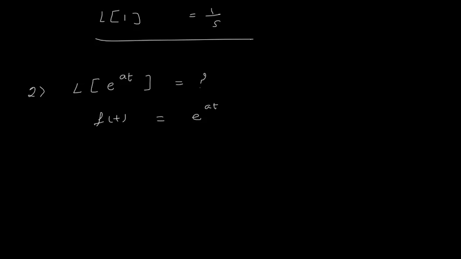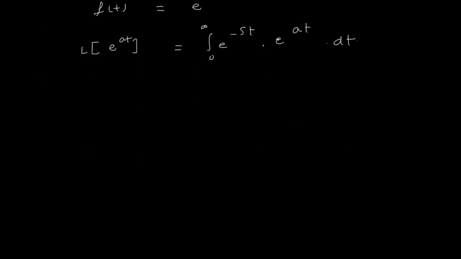So again I have Laplace of f of t, that is Laplace of e power at, is equal to 0 to infinity e raised to minus st into e raised to at into dt. Our function f of t is e raised to at. So here this becomes 0 to infinity e raised to, this is minus st plus at, into dt.